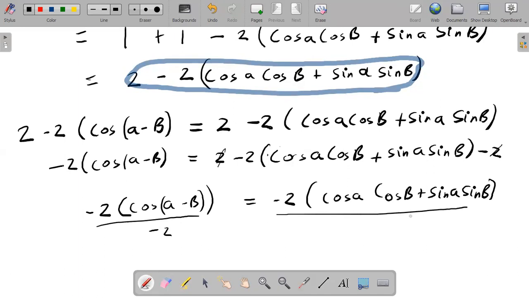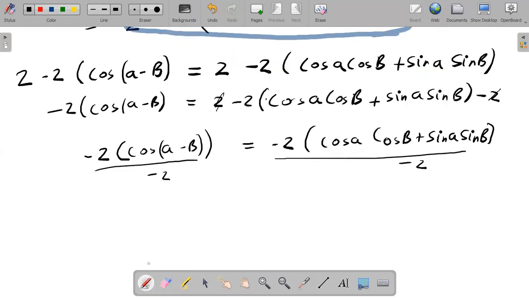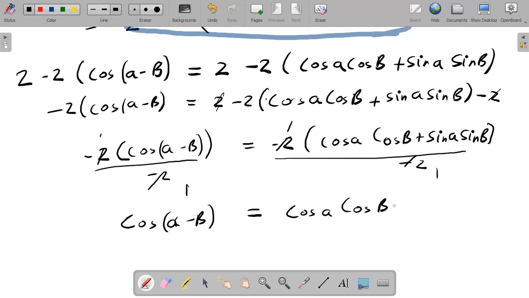We can divide by minus 2. So what do we end up having? Negative 2 divided by negative 2 is 1, negative 2 divided by negative 2 is 1. So we will end up having cos alpha minus beta being equal to cos alpha cos beta plus sine alpha sine beta.